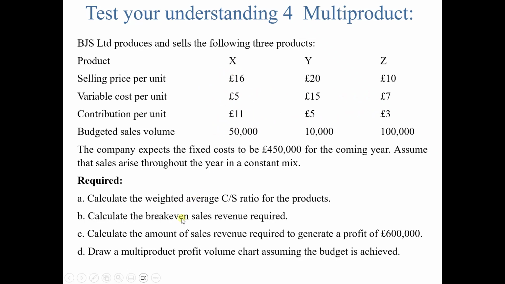The second requirement is to calculate the break-even sales revenue required. How do we calculate the sales volume where my profit and loss will be equal to 0? How much of this mixed product should I produce where my profit and loss is equal to 0?